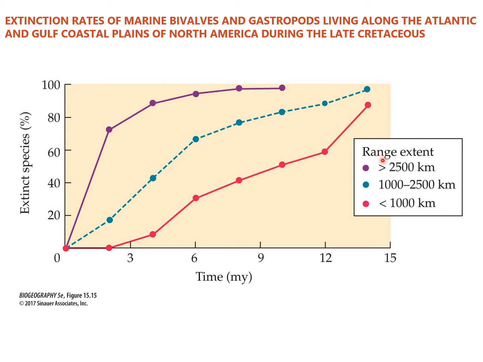So those groups of species that have larger geographic ranges exhibited a greater proportion of species going extinct during this time period compared to species that had smaller geographic ranges. So that's something interesting, and how range size can contribute to extinction risk a little bit.